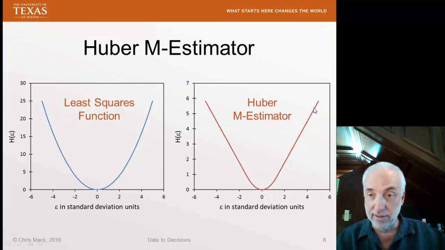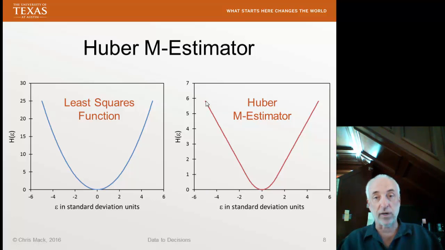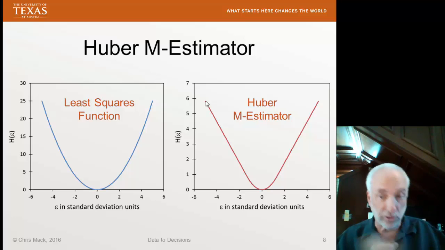Then it becomes a straight line. So if I go 5 standard deviations away from the mean, my function is only weighting 6 standard deviations squared instead of 25. So it's weighting these extreme points much lower so they don't influence my regression nearly as much.